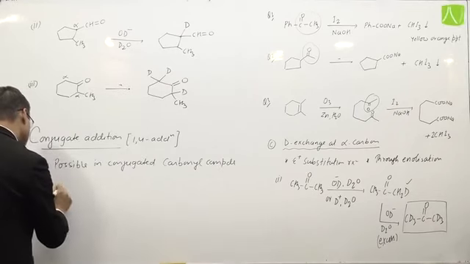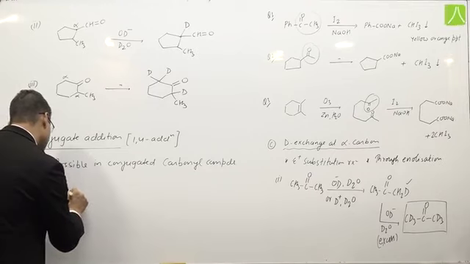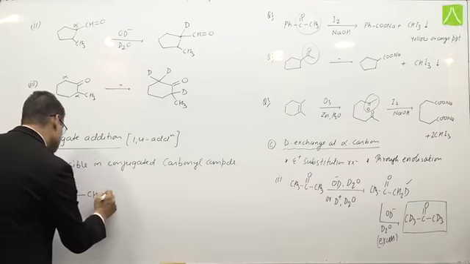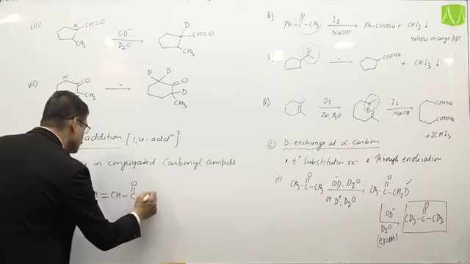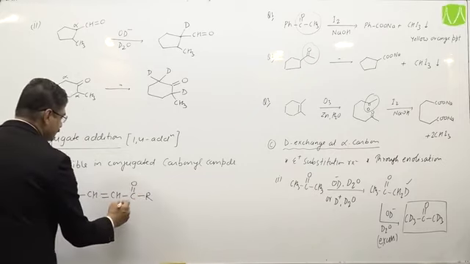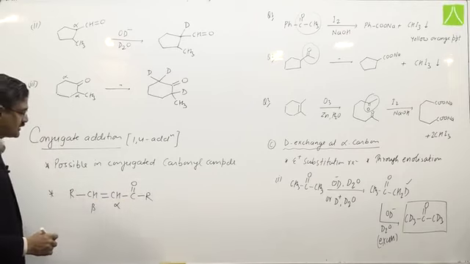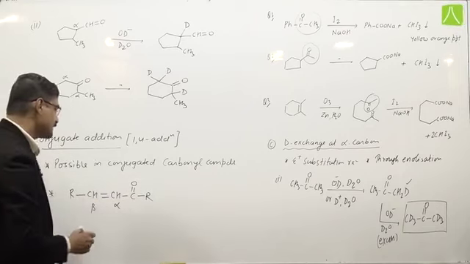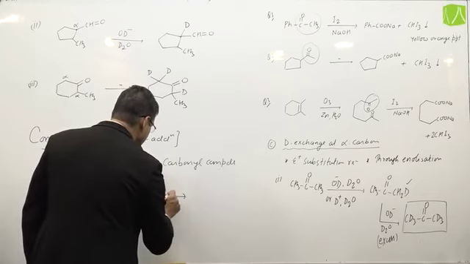Now, for example, this is a conjugated compound. The alpha, beta carbons are unsaturated. So this is a conjugated system. In this conjugated system, there are two resonating structures possible.